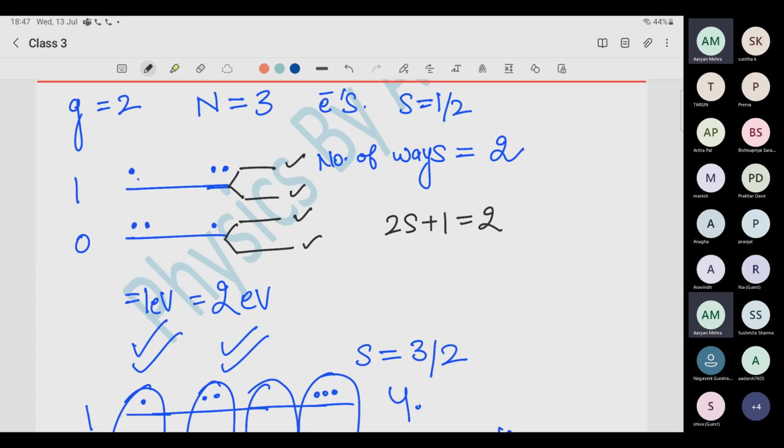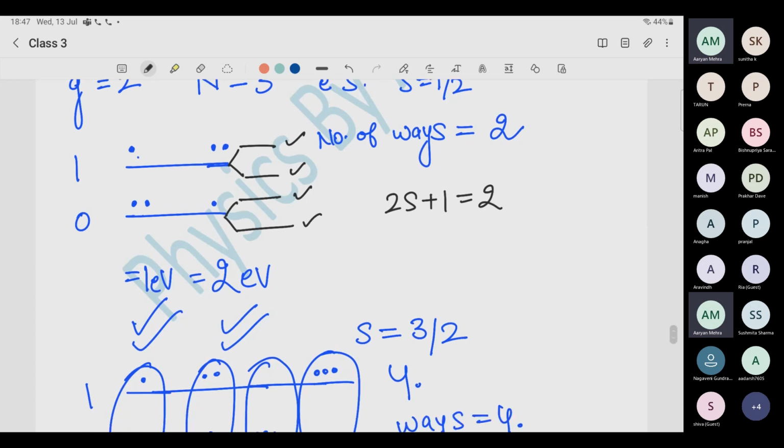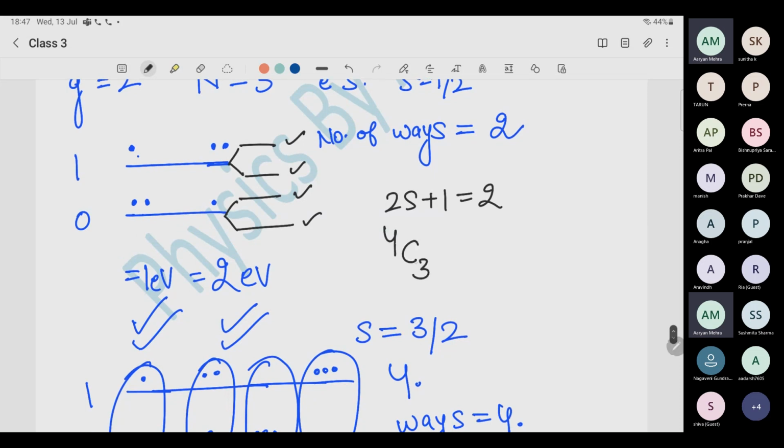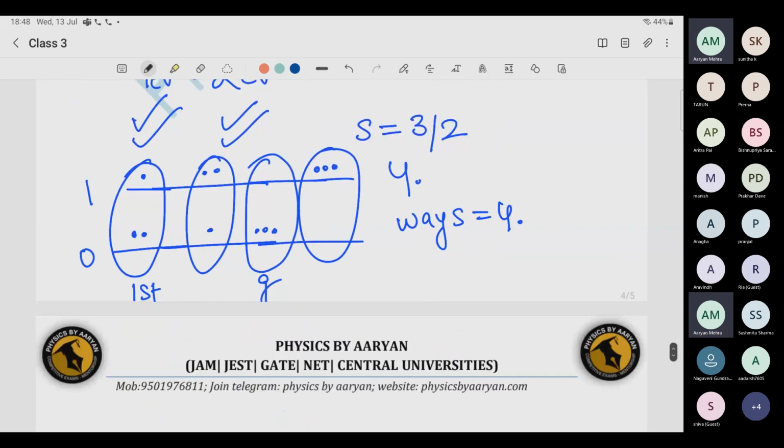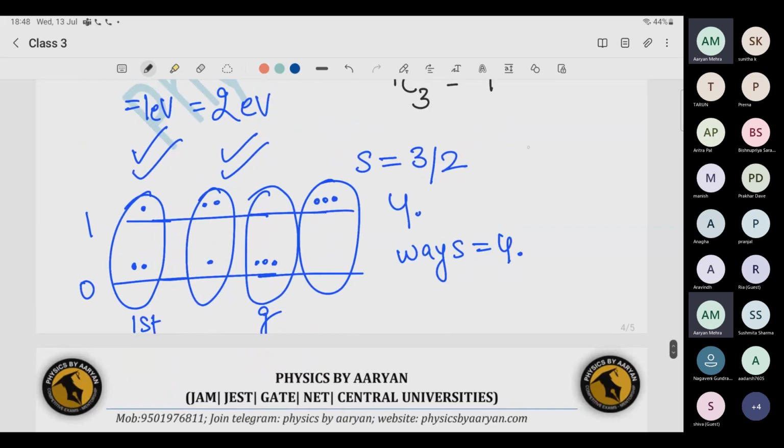If I do, then the answer should be 4. Oh, just a second. Answer should be 2. 4. If I do 4C3, the answer should be 4. And in this situation, if I check this, 4, 4, 8, 8C.